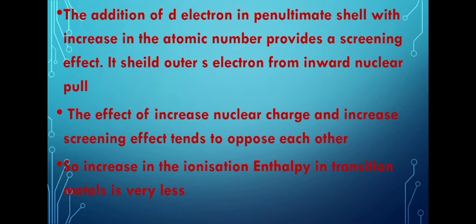Thus we can conclude that in the first transition series, with increase in nuclear charge, the screening effect also increases, and these two effects oppose each other, so the ionization enthalpy increases gradually, but the increase is not too much.